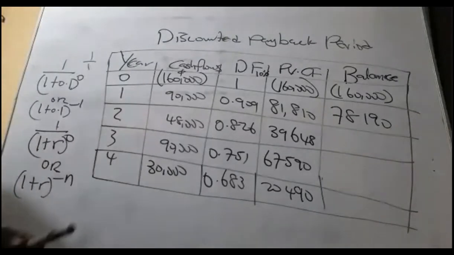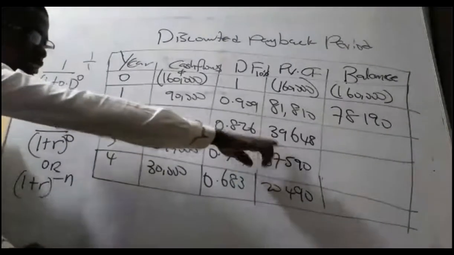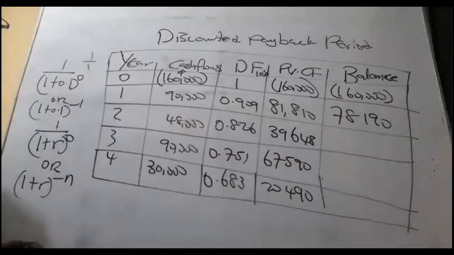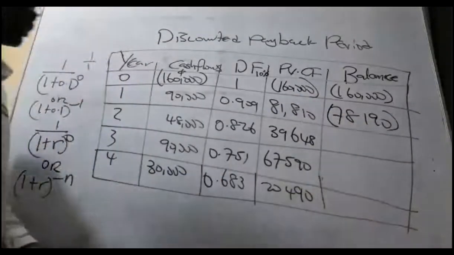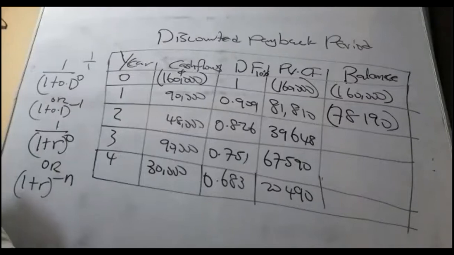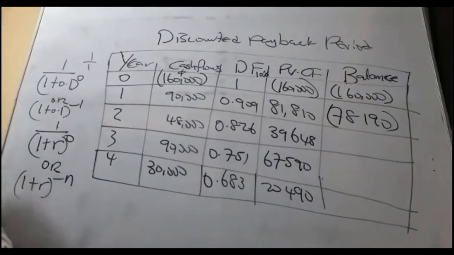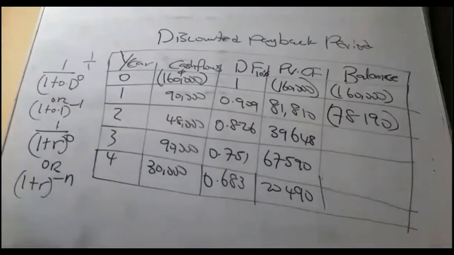The second year, we had 39,648. It will offset the difference. So let's put this one in brackets so that we still have 78,000 more to clear. So we take it off from the amount given to us.